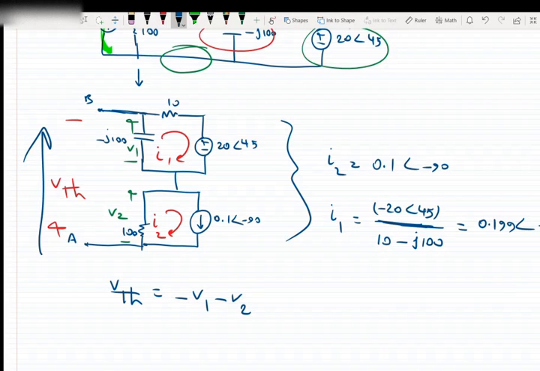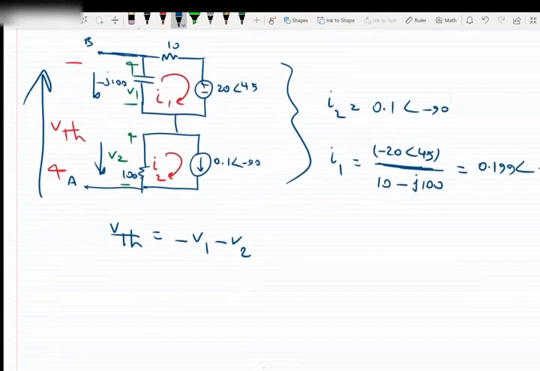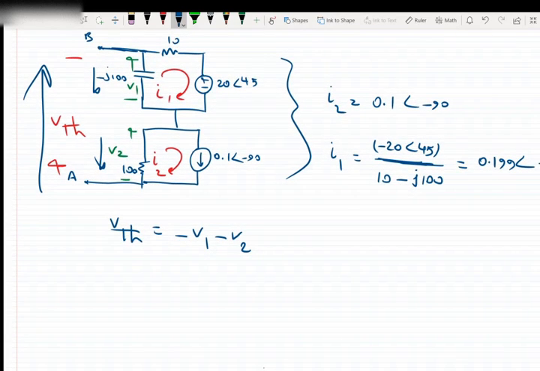Okay, so we got the current, and we know that V Thevenin is equal to minus V1 minus V2, because V Thevenin is in this direction, V2 is positive in this direction, and V1 is in this direction. So V Thevenin is minus V2 minus V1, which is minus J100 times I1 plus 100 I2.